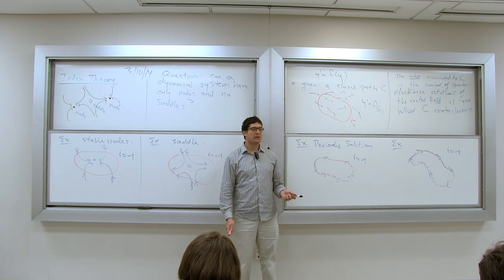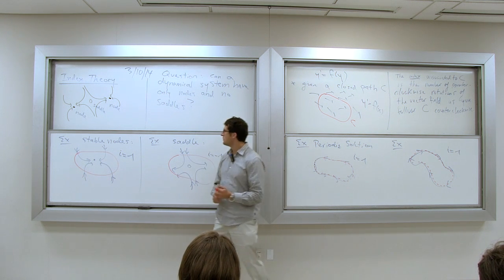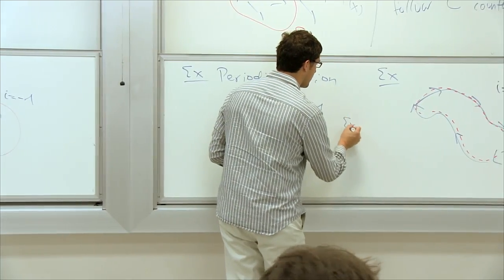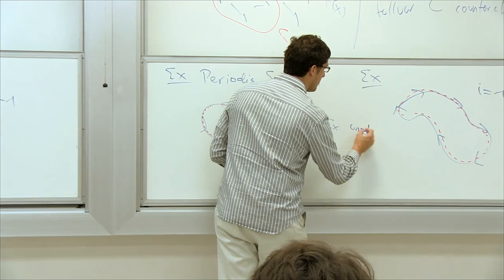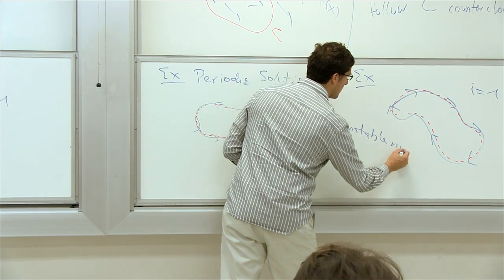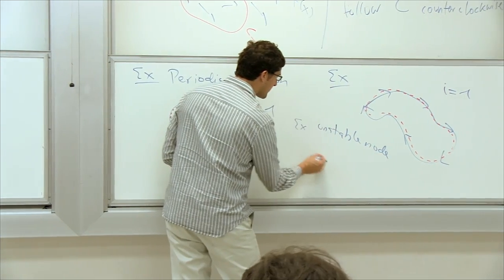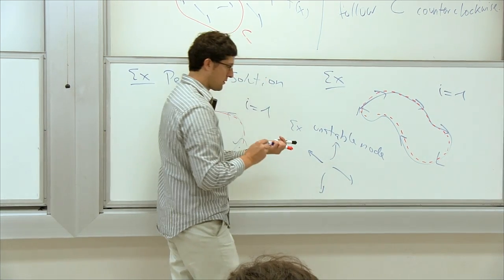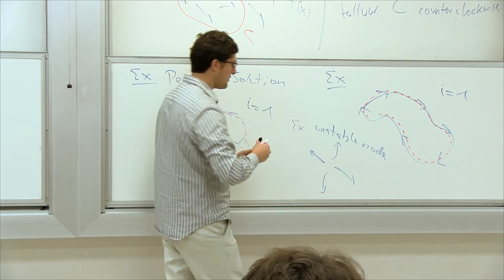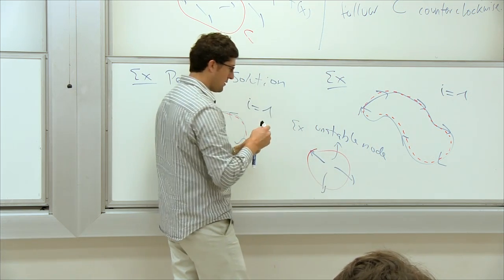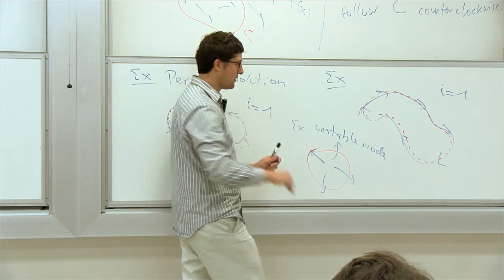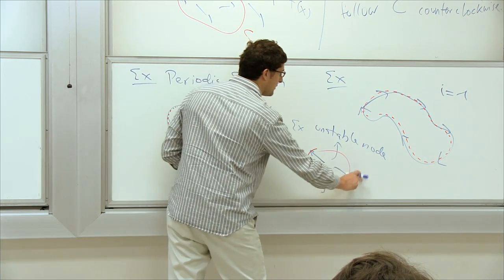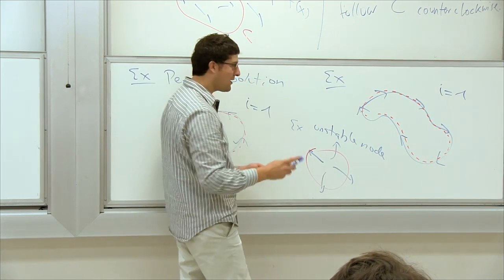By the way, what do you think about an unstable node? Let me just write it here. Example, unstable node. Unstable nodes point outwards. Okay, and if we do the index of that, we get what? So start here, go around. 1, right?